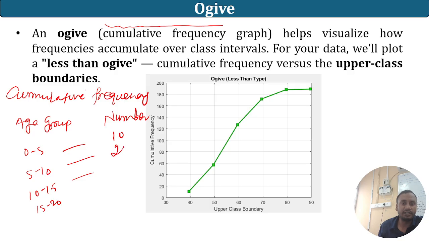For this, we have 20. And for this, we have some 35. And for this, we have somewhere again 25.